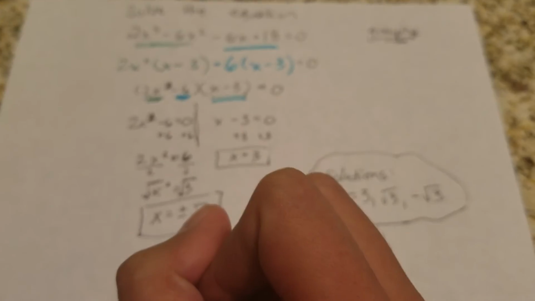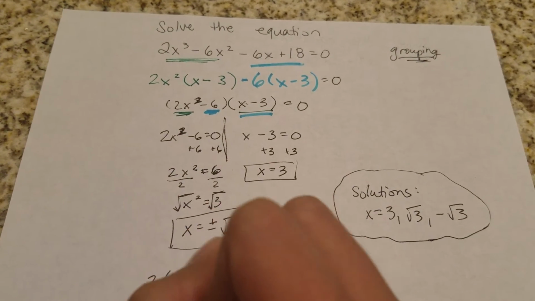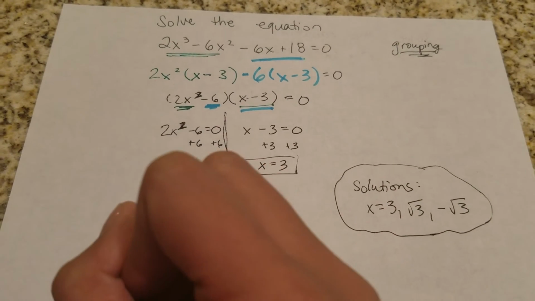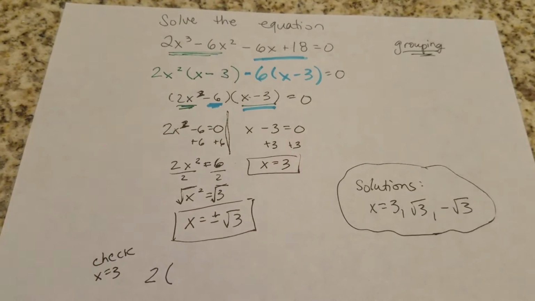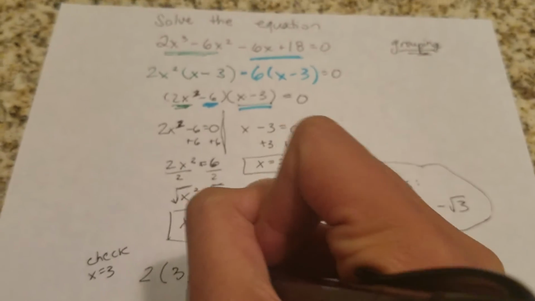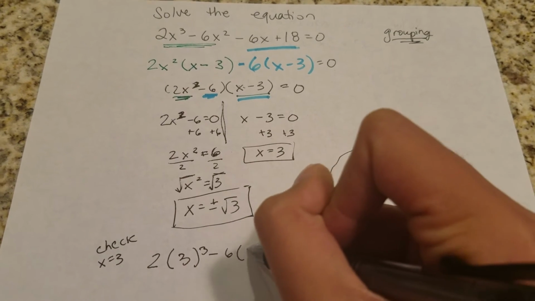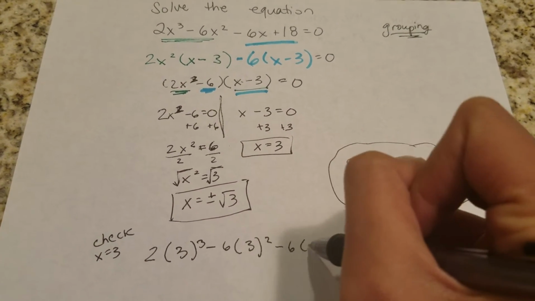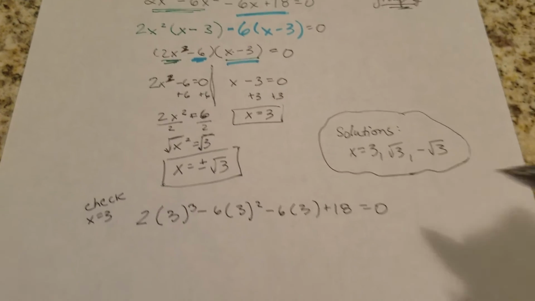Let's do the check for x equals 3 first. 2 times 3 to the third minus 6 times 3 squared minus 6 times 3 plus 18 equals 0.